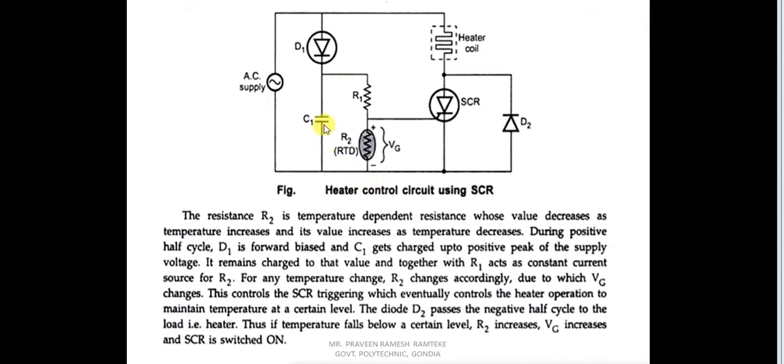Now let us see the working of this circuit. Here the resistance R2 is a temperature dependent resistance.